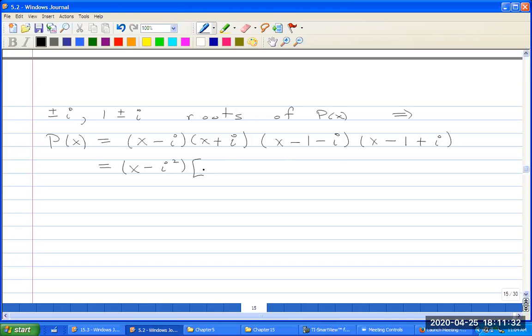Let me write this as x minus 1 minus i, okay, times x minus 1 plus i. Squared is negative 1. And so this just becomes x squared plus 1.